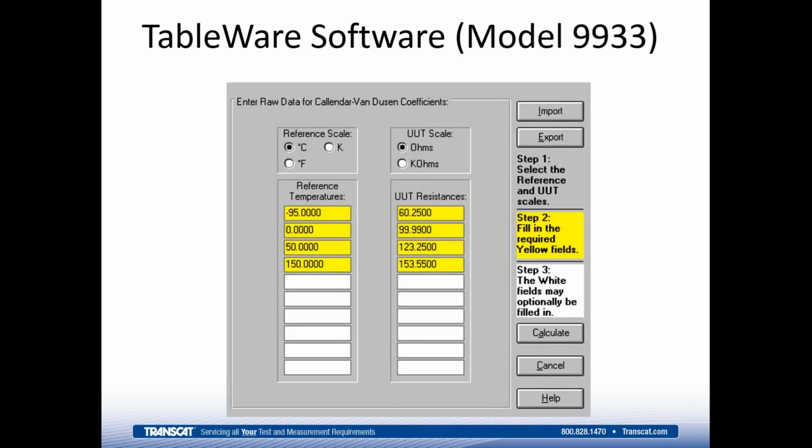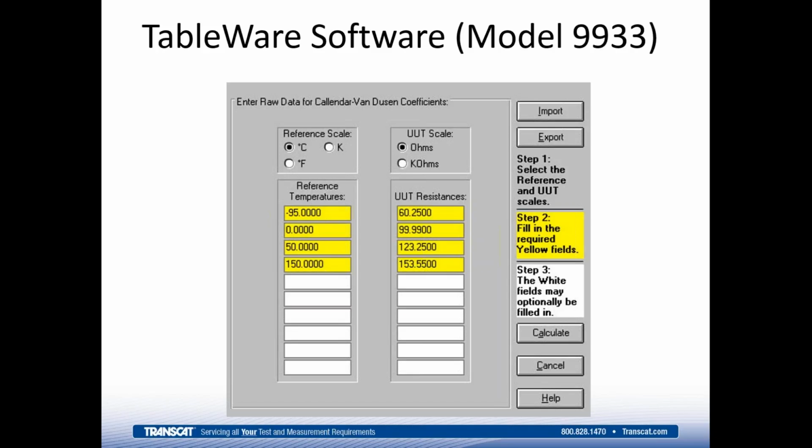For more of a lab-grade instrument, you also might have ITS-90. And we have this tool called Tableware, the 9933 software, where you just plug in your reference temperatures, what your reference reads, and then the resistances for the unit under test, and you can calculate whatever type of coefficients you need. And those are available through Transcat.